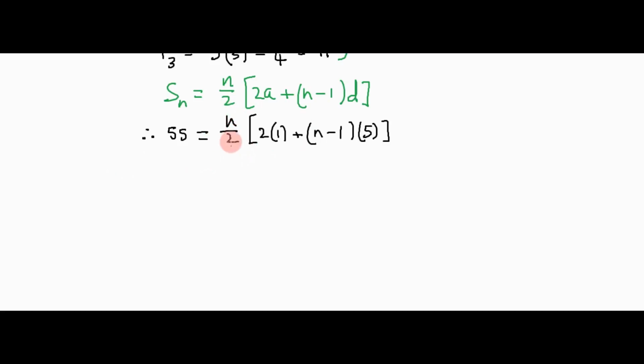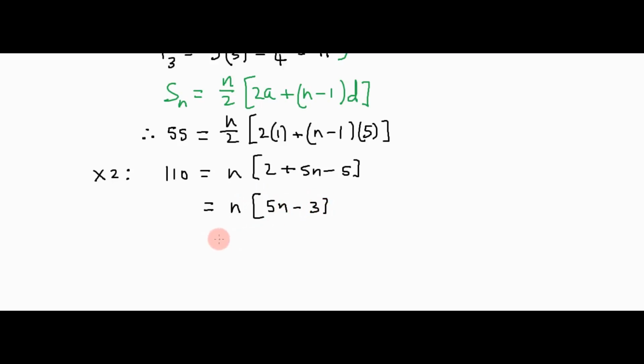We can start by getting rid of the fraction here. We multiply both sides by 2. So 110 equals n. The 2's cancel here, into 2 plus 5n minus 5. We can simplify inside the square brackets. And we can multiply out. Now we're going to end up with a quadratic equation in n. So 5n squared minus 3n minus 110 is equal to 0.